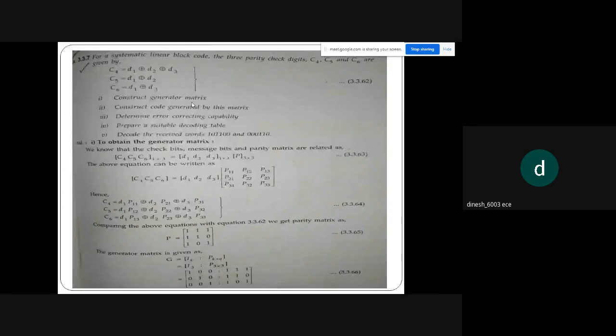We have drawn the syndrome decoder diagram. How to construct a generator matrix. How to find H transpose. How to determine the error capabilities. How to prepare a suitable decoding table. Then how to decode the received vectors.